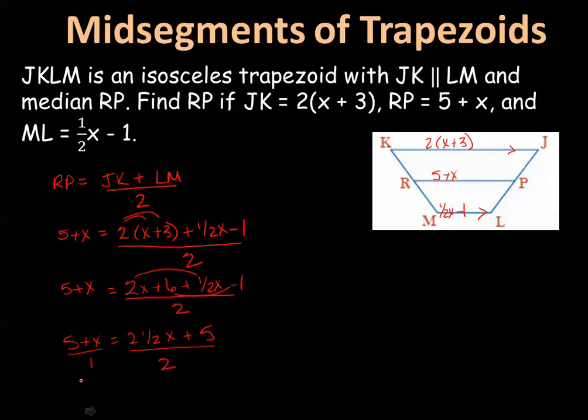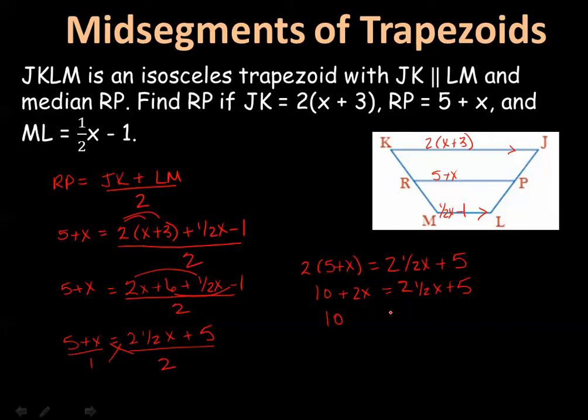And now I can go through and do my cross multiplication. So I've got 2 multiplied by 5 and x equals, and then anything times 1 is just 1. So I got 10 plus 2x equals 2.5x plus 5.